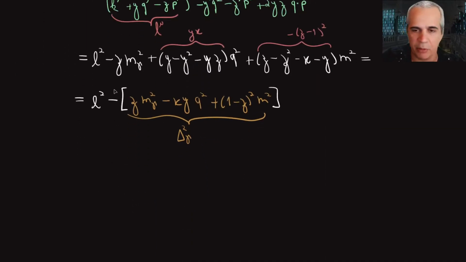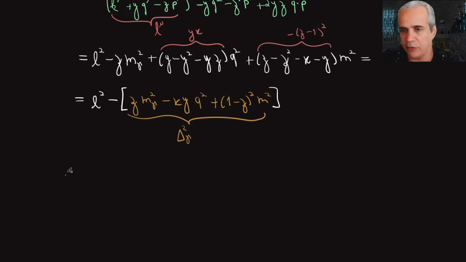The important things to keep in mind are a few tricks you can always use. The first one is to remember that this function is sandwiched between u bar of p prime and u of p. So if you get p prime slash to the left here or p slash to the right, you can substitute this for the mass using the Dirac equation.